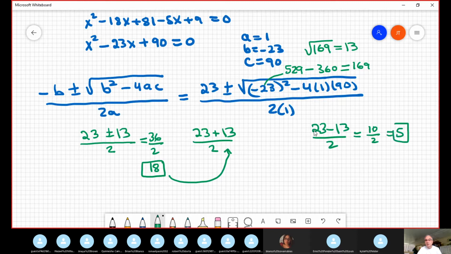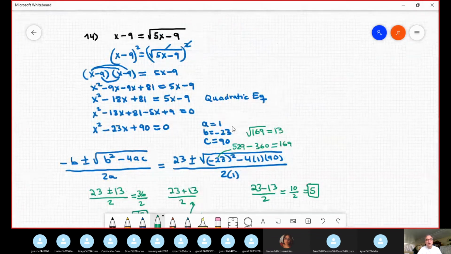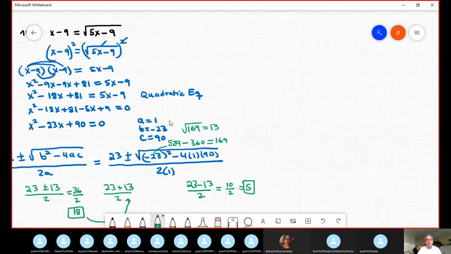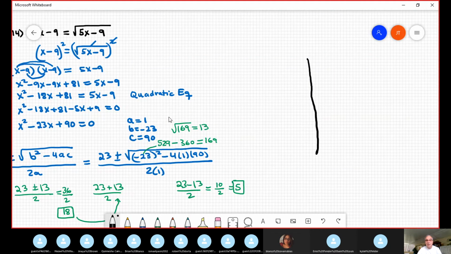So I need to verify both 18 and 5. Where? In the original equation. Okay, I never touched it, waiting for that moment. I use it now. I split the paper into pieces. I need to check for 18 and for 5.